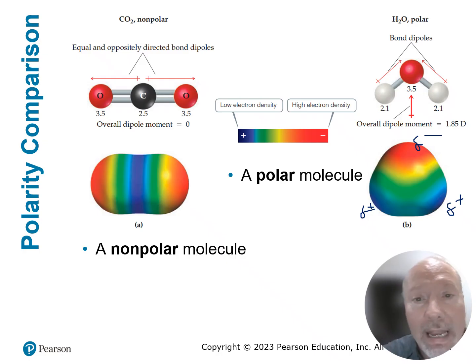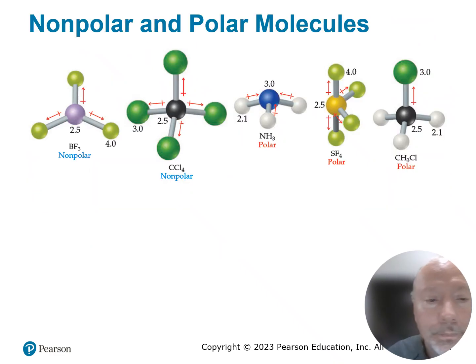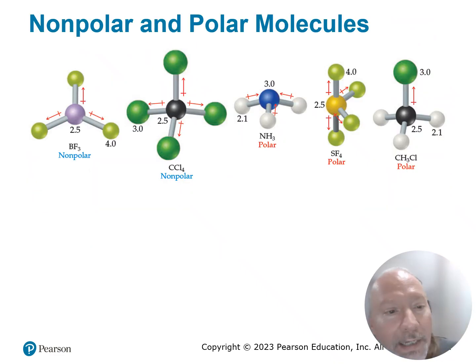Carbon dioxide does not have a dipole moment. And we can do this with different molecules, small molecules with maybe just one single central atom. Here, an example is boron with three fluorides attached.